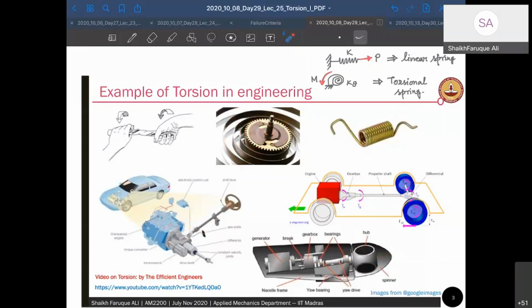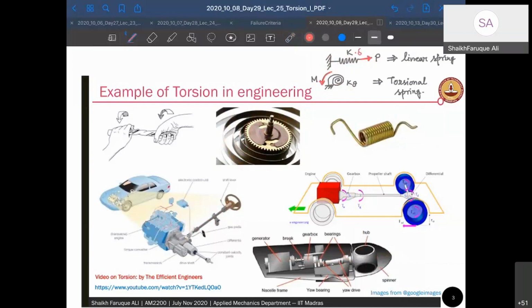So this is a representation of a torsional spring. So this is called a linear spring, which is mostly in the axial direction, and there are springs which are called torsional springs. So they restrict movement. So the relationship M is given by K into theta. Here the relationship P is equal to K into delta.